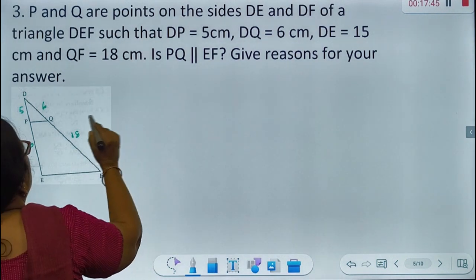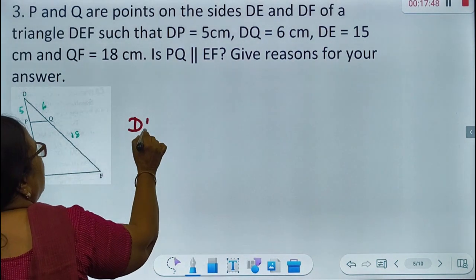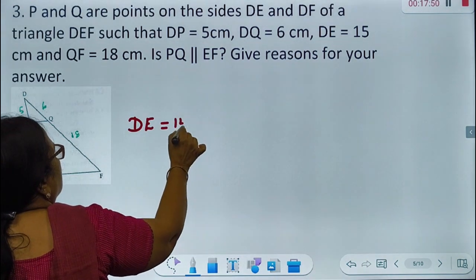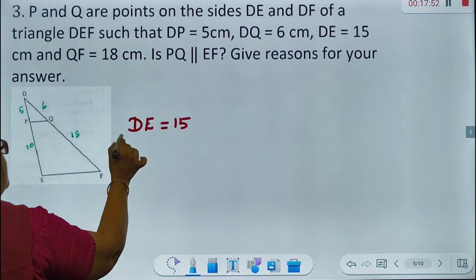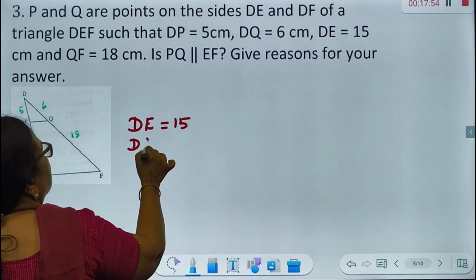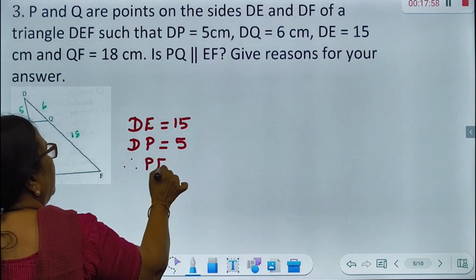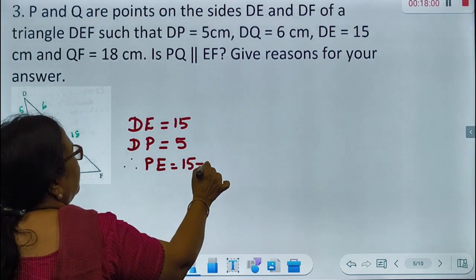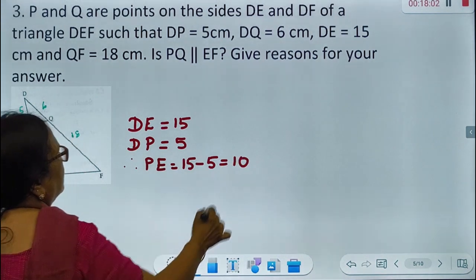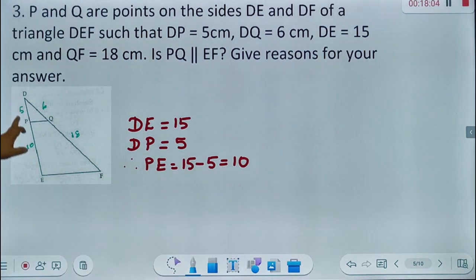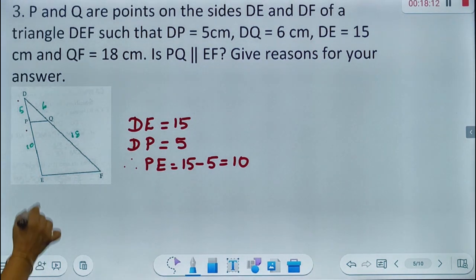So you are given DE is 15, but you know DP is 5. Therefore, your PE will be 15 minus 5, which is 10. This is what we have entered here. This whole thing is 15. This is 5. Therefore, 15 minus 5. So this portion must be 10.